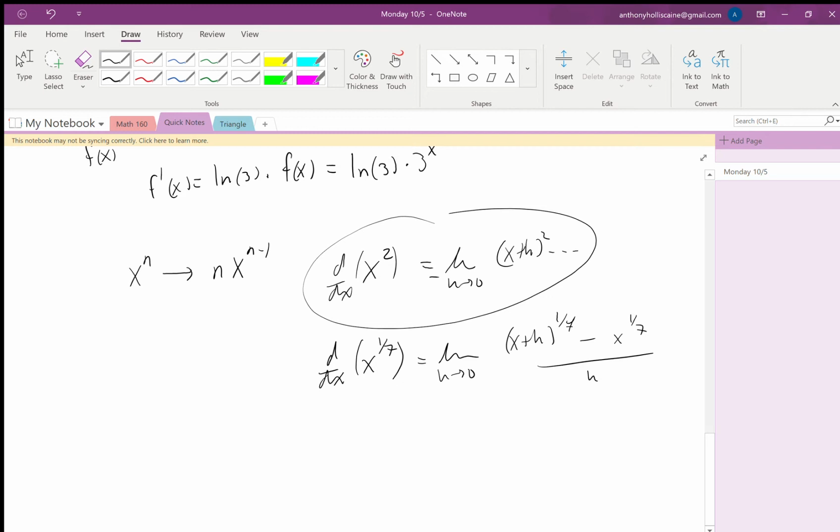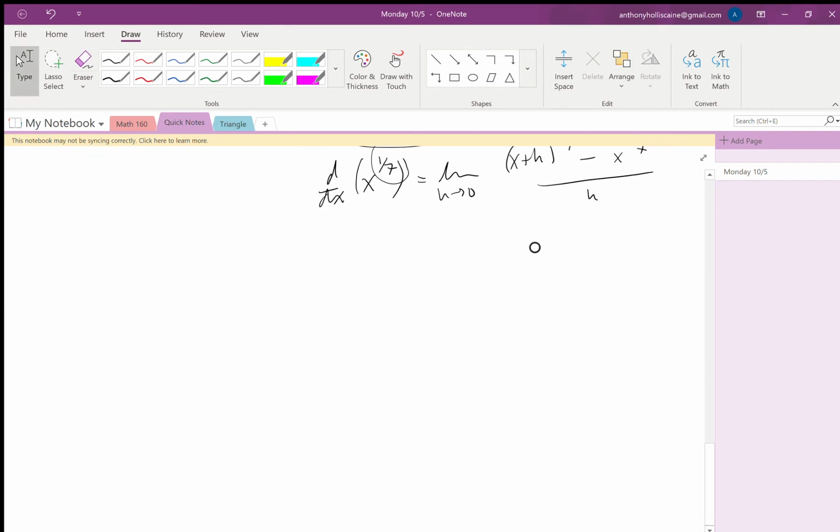That's much harder. And it turns out, if you're comfortable with the power rule being true when you have integer powers, and specifically just positive integer powers, then we can figure out the reciprocals because they're inverse functions. The 7th root is the inverse of x to the 7. They undo each other.